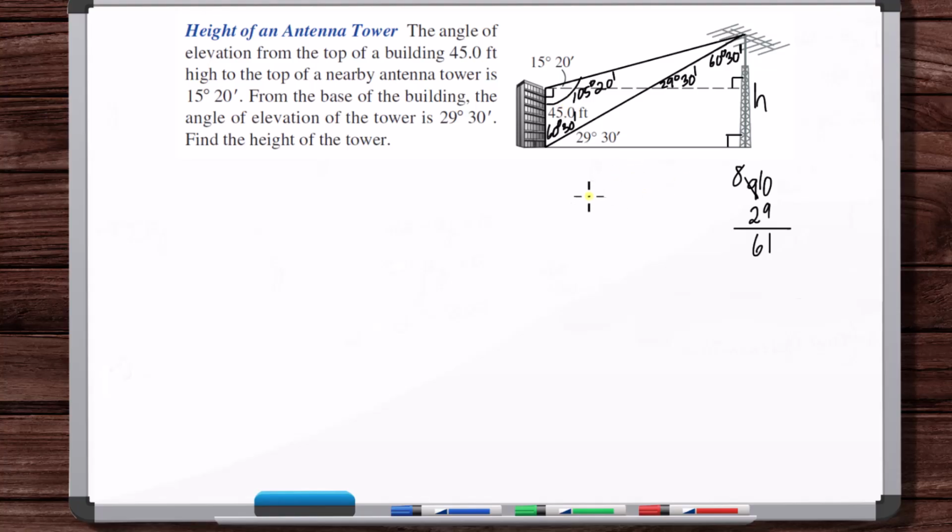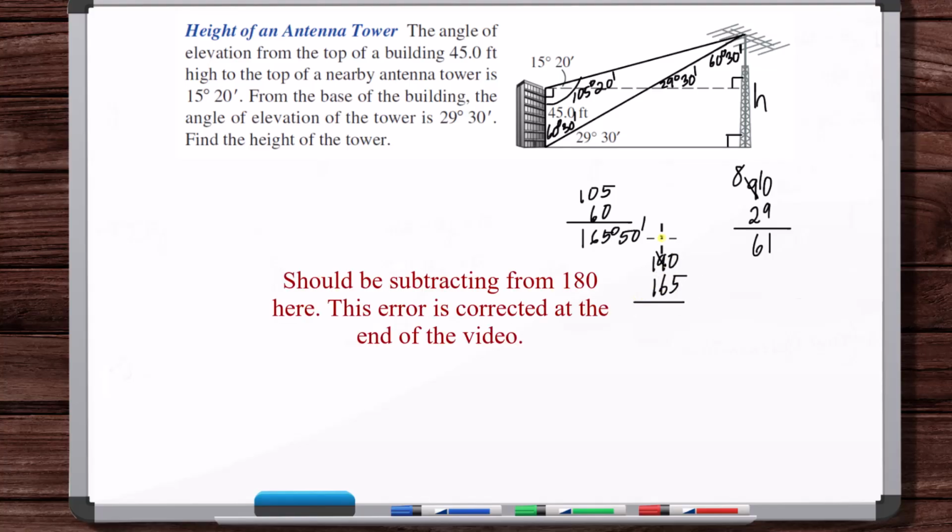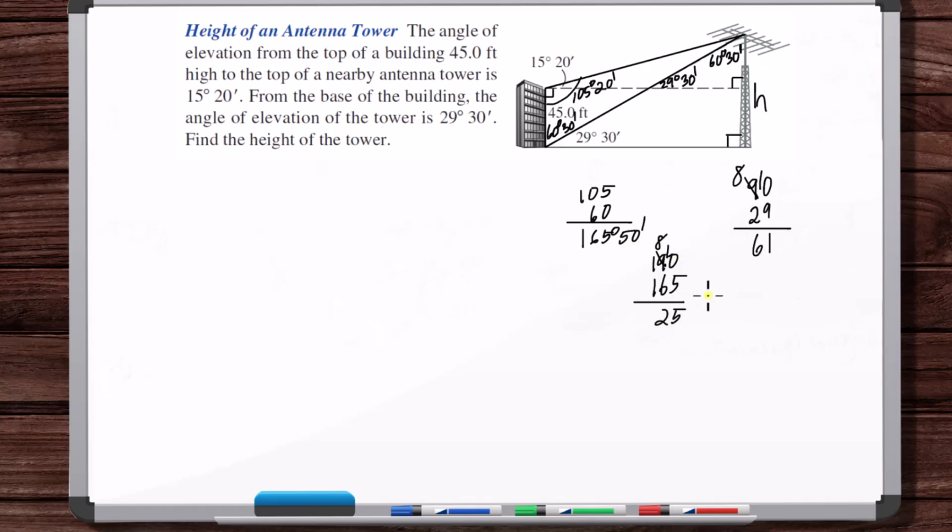So 105 plus 60 is what? 165 plus 20 minutes plus 30 minutes, so 165 degrees 50 minutes. So what's 190 minus 165 degrees 50 minutes? So 190 minus 165 is 25 degrees, but then minus 50 minutes from that's going to be 24 degrees 10 minutes.